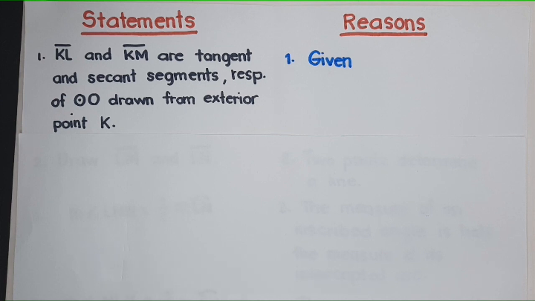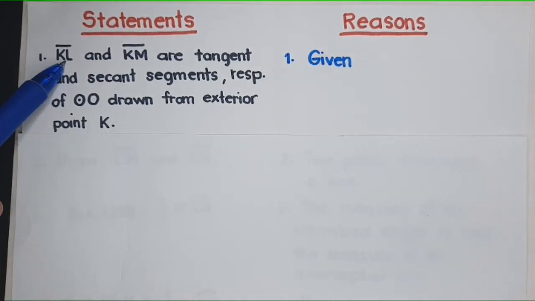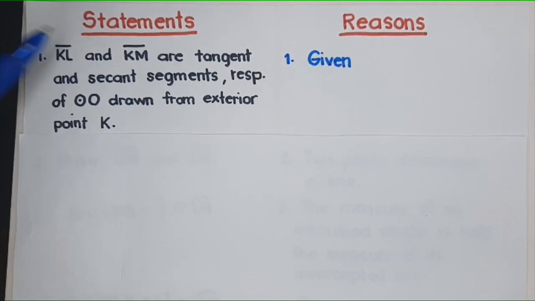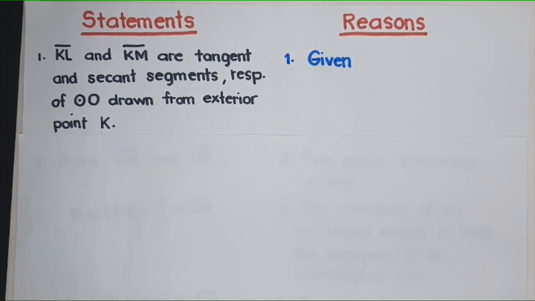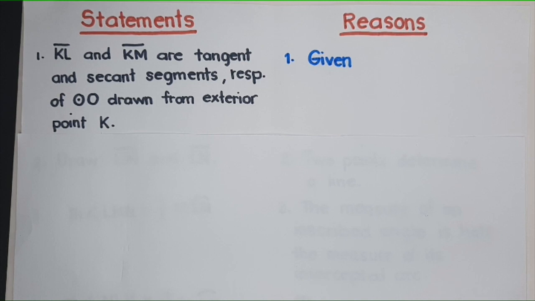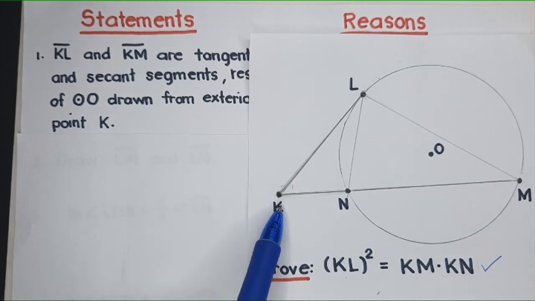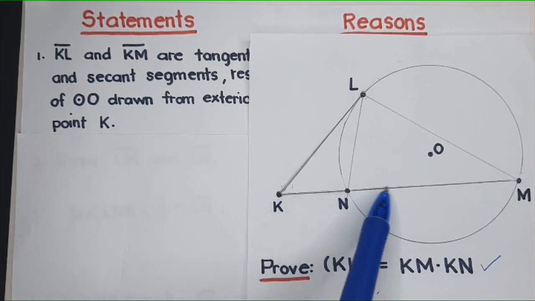So, I want to begin with the given. Okay? You have a tangent segment and you have a secant segment. And they intersect outside the circle at point K. Let's recall the figure. So, ito yung tangent segment KL and then this is your secant segment KM.